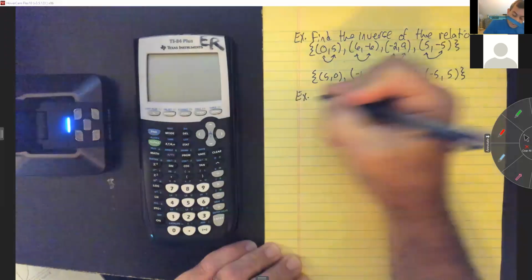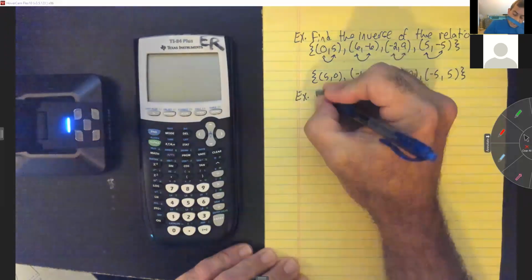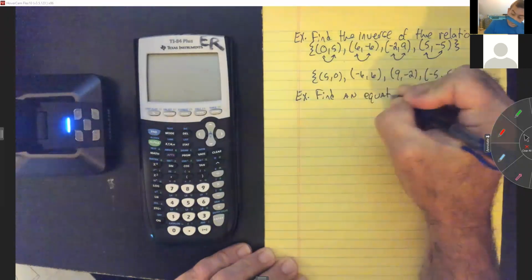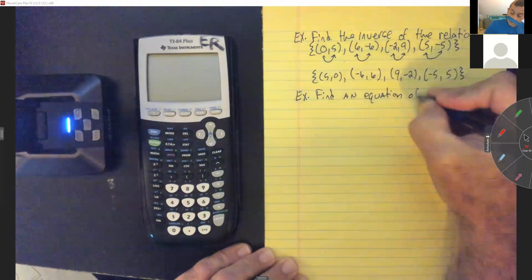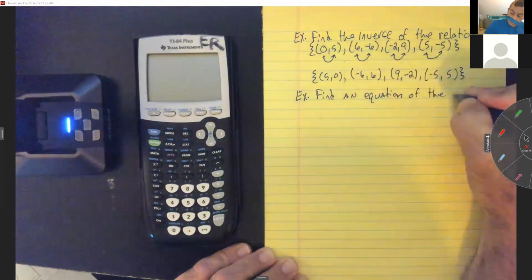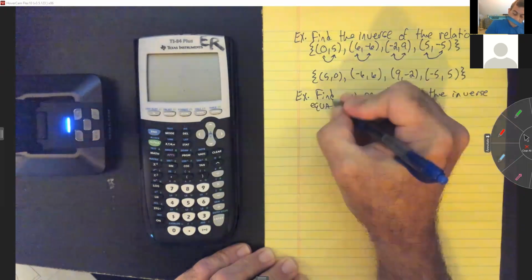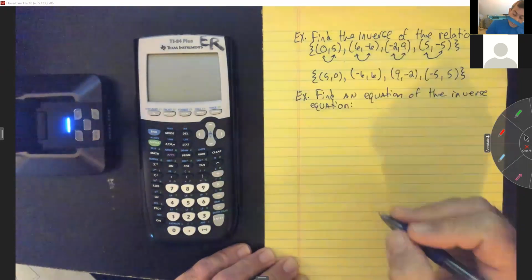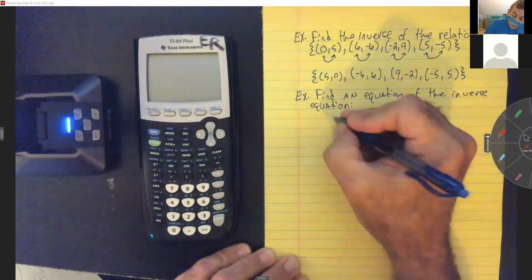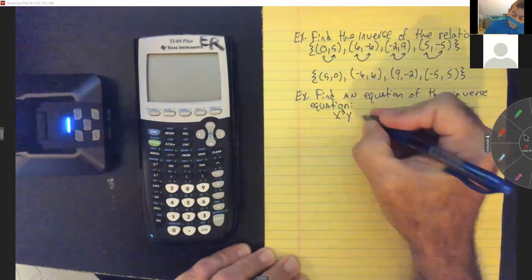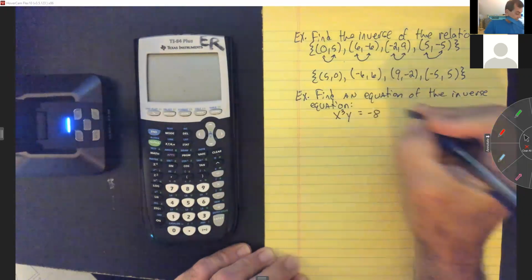All right, so this one says find an equation of the inverse equation. So they're giving us x cubed times y equals -8.